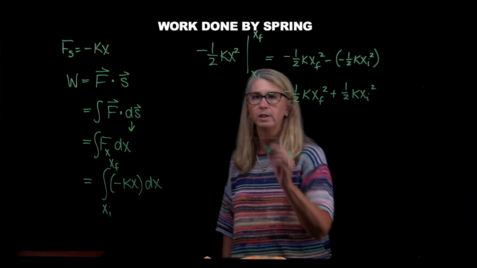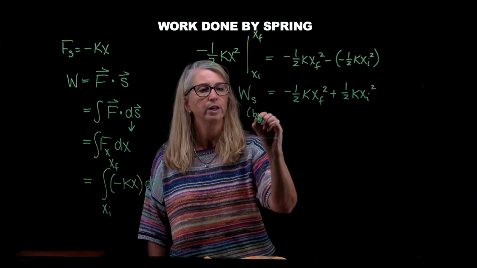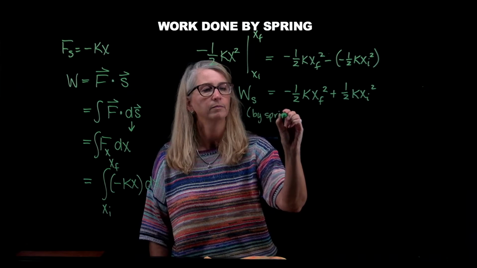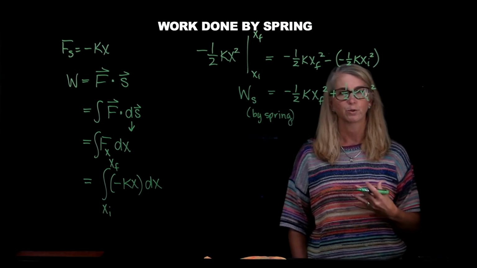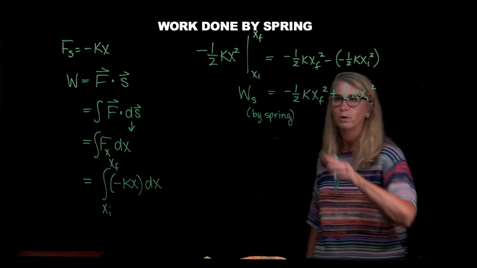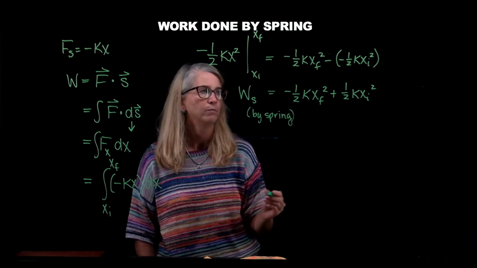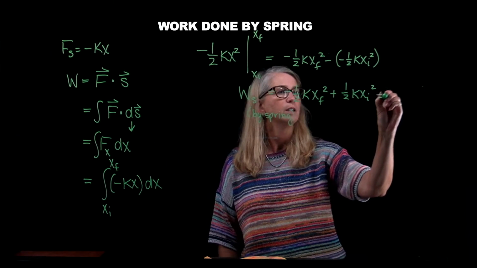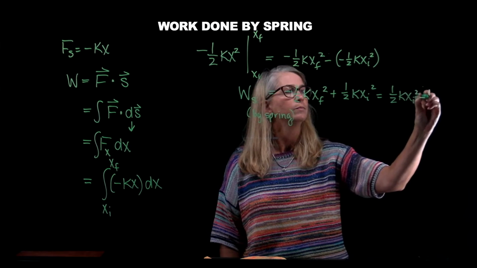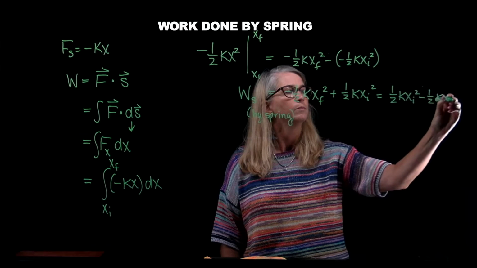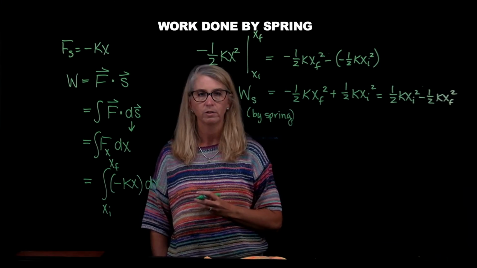And so this can be the way that we calculate the work done by the spring, because we have used the force that the spring is exerting. And so it's this expression, which is negative, plus this one. We could rewrite this like that if we don't like to have the negative sign first.